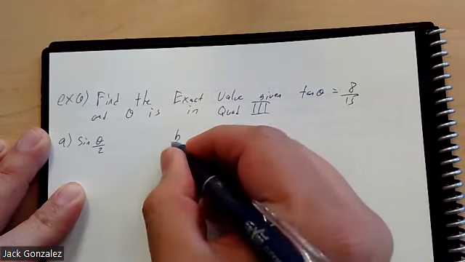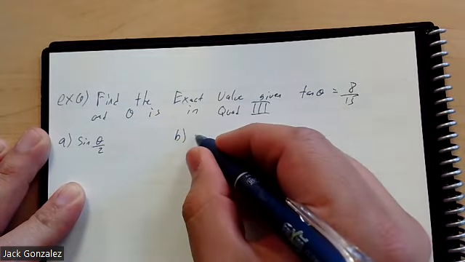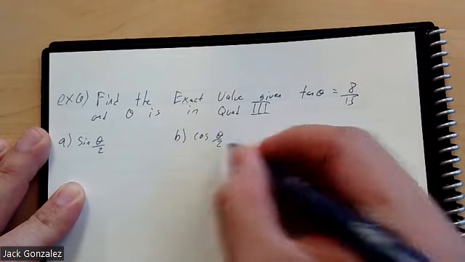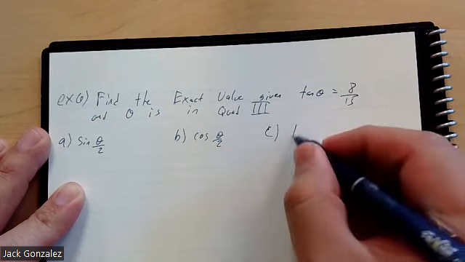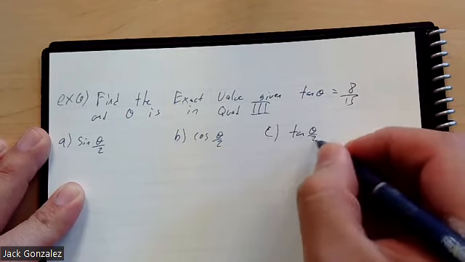Find sine theta over 2, cosine theta over 2, tangent theta over 2.